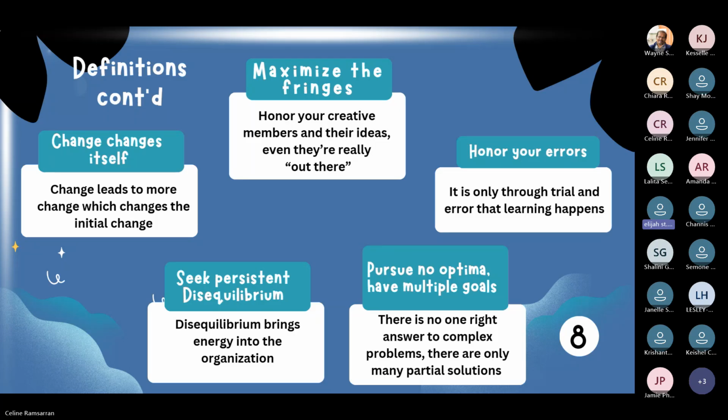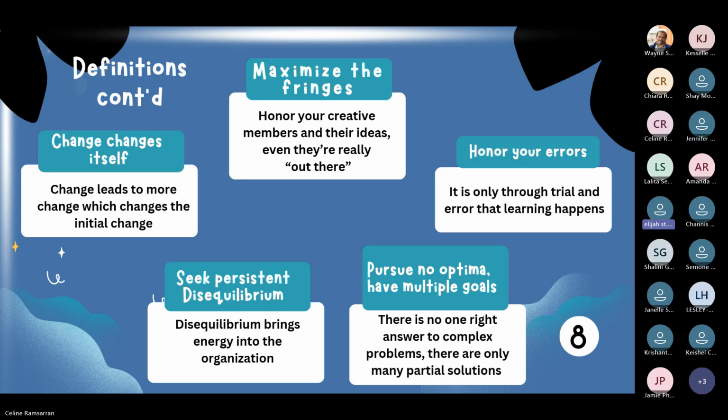Because through trial and tribulation, usually we find solutions or grow as individuals, right? Pursue no optima, have multiple goals, right? There are multiple ways in which an individual could deal with complex situations or problems, and we should be able to identify and look at all possible options.